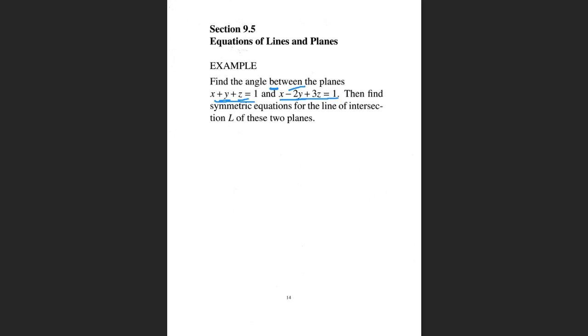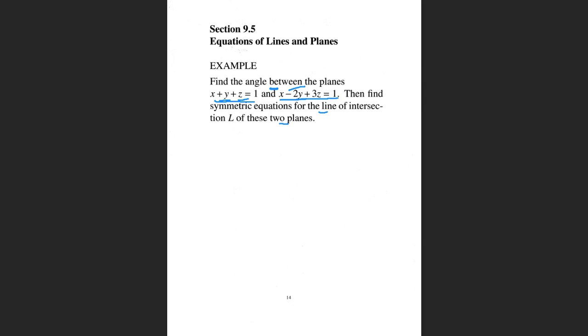And based on the normal vectors, we can find the angle between the planes. And then when we go to find the line of intersection between the two planes, unlike the last example we did, this time, we're actually going to make use of the normal vectors to help us.